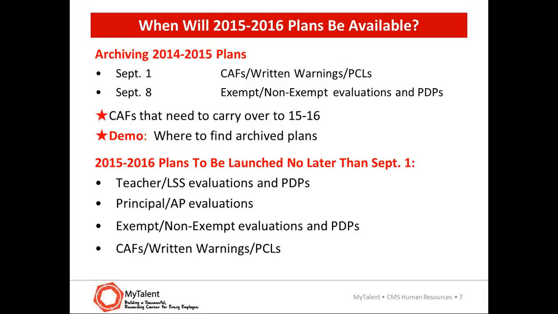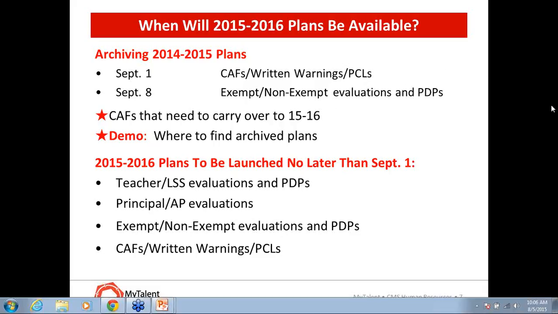That doesn't mean that you won't have access to those forms. It just means they will be saved into an archived file. With that in mind, we need to think about if there are any corrective action forms out there or performance counseling letters that need to carry over to the 15-16 year.